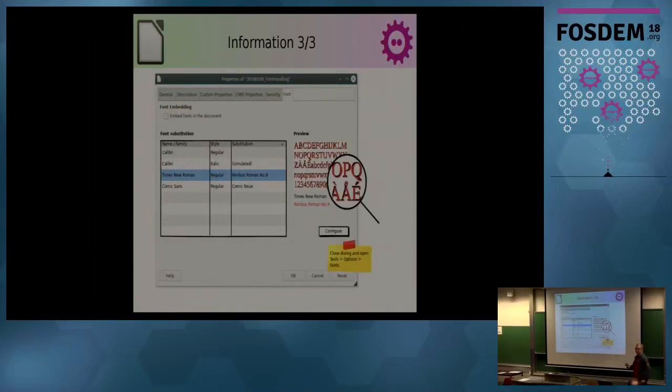So what else? The second part of the request was that Eve wants to get an overview for the full document. And this overview could be in the document properties. We have a font section there, and it could provide a list of all fonts with a nice overview. Because actually you don't want to get the name of the font, that Helvetica, or Times New Roman, is replaced by Nimbus Roman.